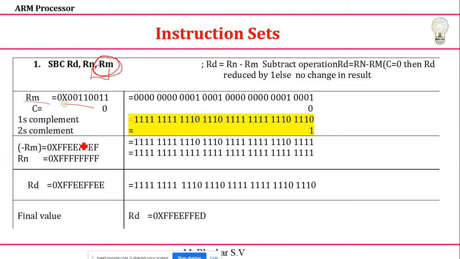I'll take the same values for explanation purposes, I'm not going to change them. The results you are getting are the same, but by default all my flag registers in my processor have C equal to 0 only. If C is equal to 0, what is the result you'll get? I'm telling you it is reduced by 1. You can see it is minus 1. If you do E minus 1, you reduce E by 1. What is the next value?